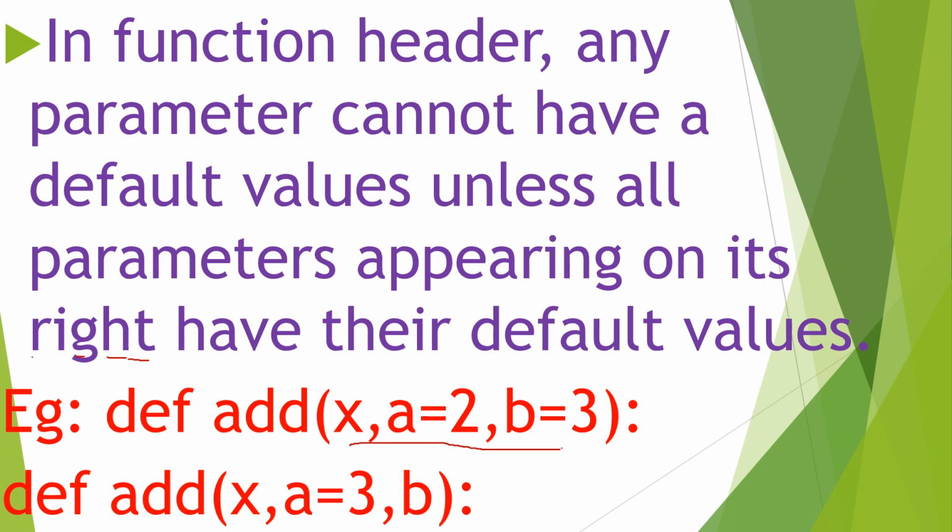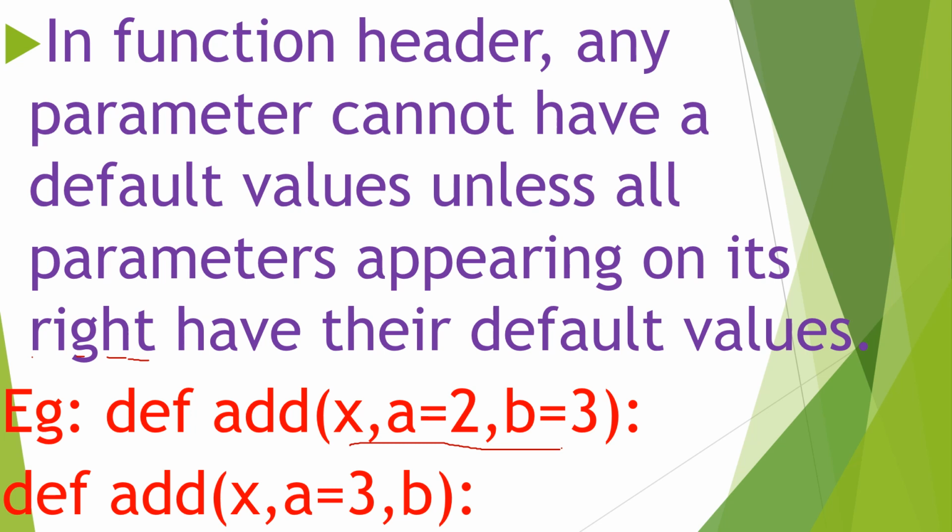The first parameter is not a default parameter, but the second and third are valid default parameters. B is valid because it is the rightmost parameter, so it can be declared as a default one. A is valid because the parameter appearing on its right is a default parameter. So we can define A also as a default parameter.